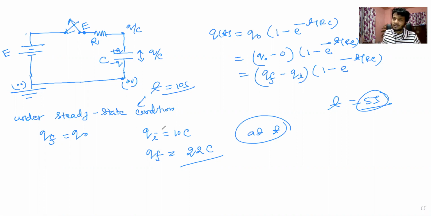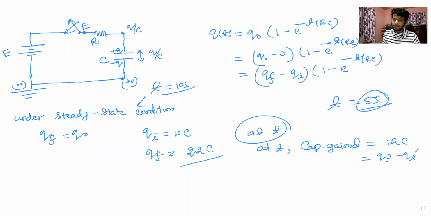Initially it was QI, finally at time t it became QF: 22 coulomb minus 10 coulomb equals 12 coulomb. So at time t, the capacitor gained 12 coulomb, that is QF minus QI.